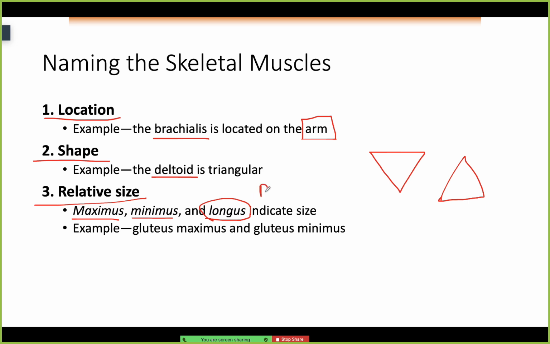Here, I'll write that word down. Brevis. Brevis sounds like brief, and that means short. Longus and brevis muscles, you'll see these in your forearm. The muscles that actually allow you to flex and extend and move your phalanges have longus and brevis versions of them. We'll see that towards the end of this PowerPoint.